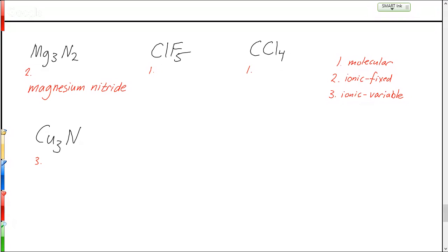All right, molecular, the next one. So since we categorized it as molecular, we know that we have to specify exactly how many of each element there is. So we would call this one chlorine pentafluoride. 1 chlorine, 5 fluorines.